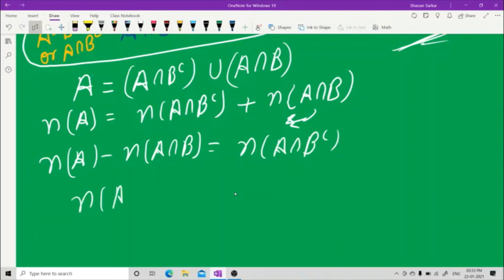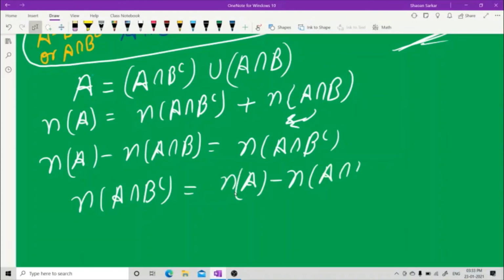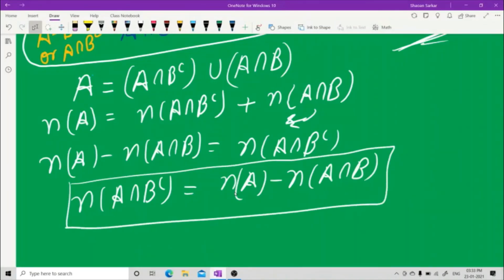So n A intersection B complement is equal to n A minus n A intersection B. This is a very, very important formula.